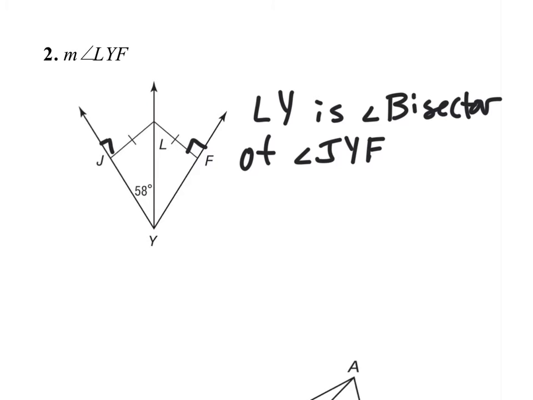And since that's the case, I know that these two angles are congruent. So if it wants me to find angle LYF, I know this is 58 degrees. I can then conclude that angle LYF is also equal to 58 degrees because they are congruent.